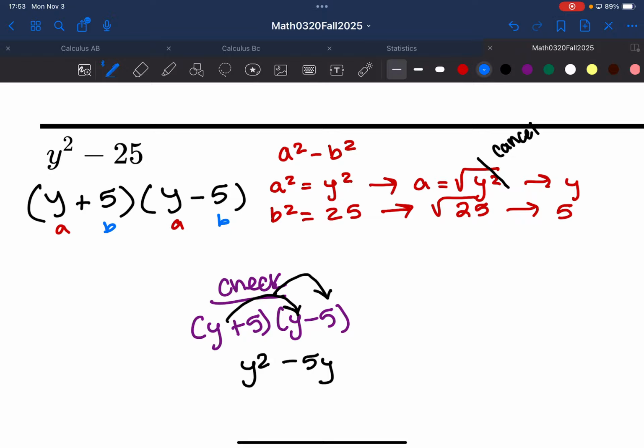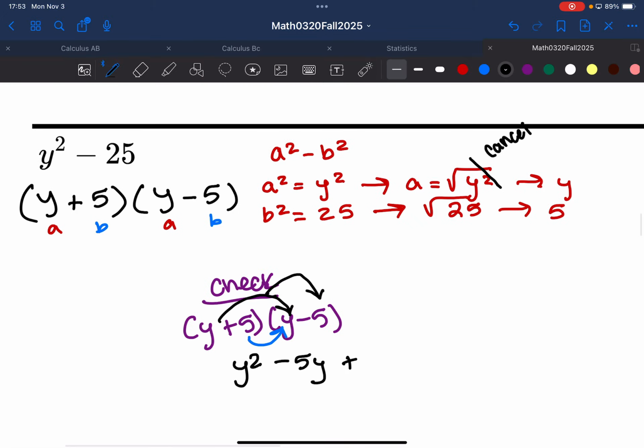Then I would do now the 5 into the next parenthesis. So 5 times y gives me 5y. And then 5 times negative 5, negative 25. So then if I look here, I have y squared minus 5y plus 5y minus 25.